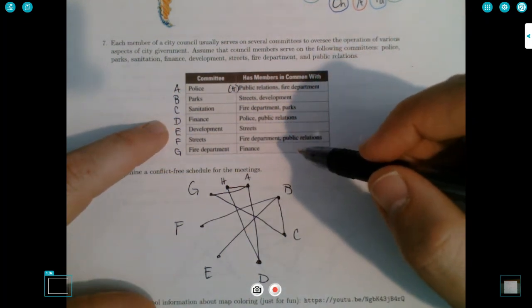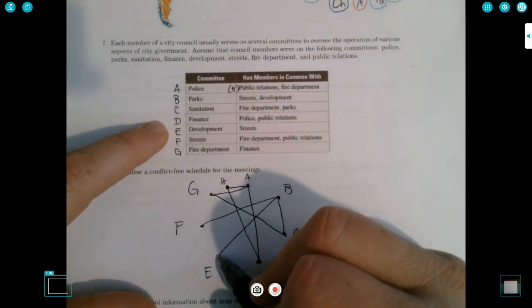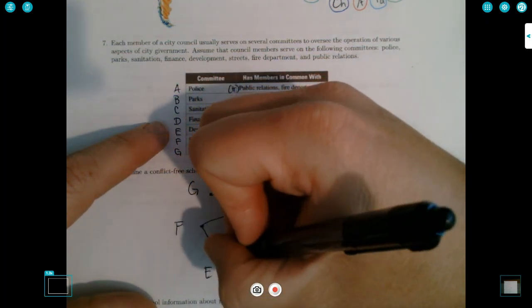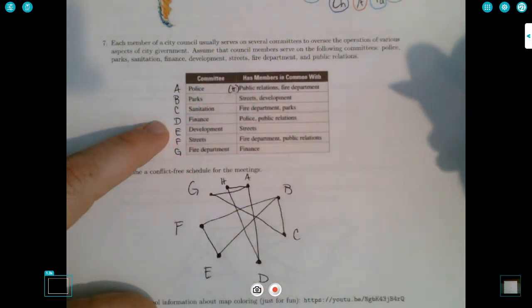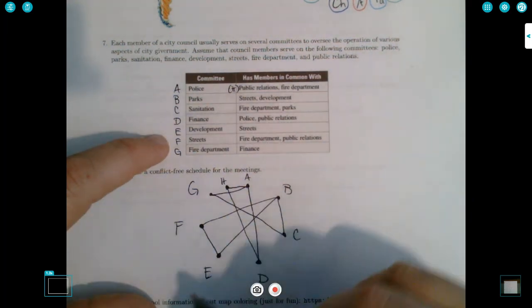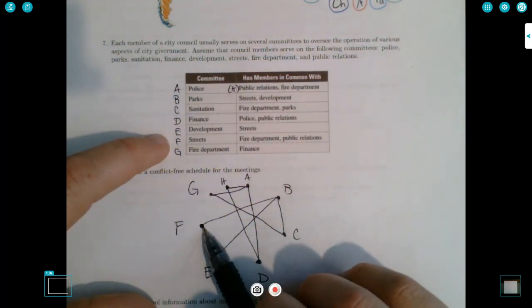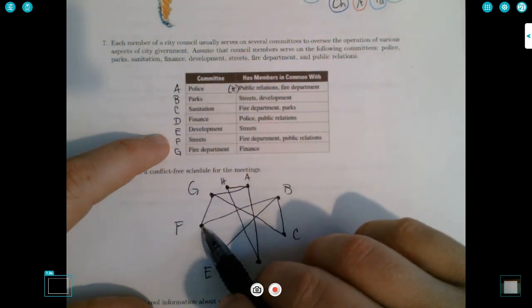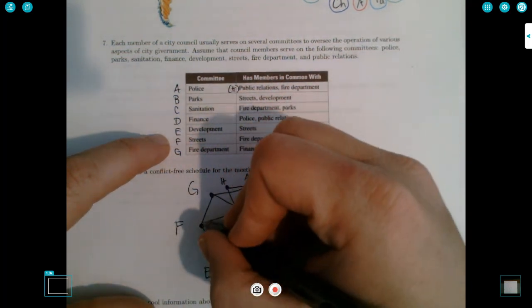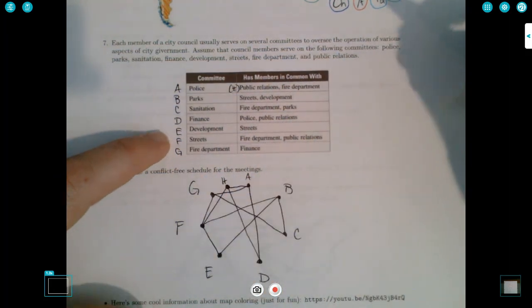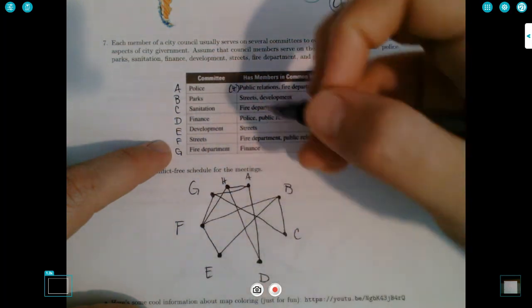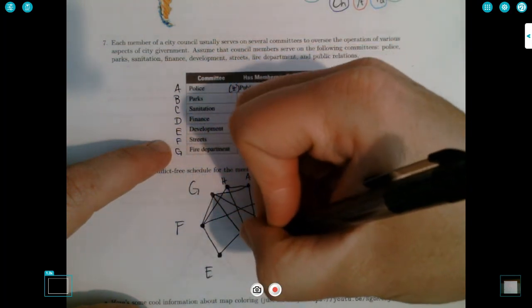Development, which is E, has streets in common, which is F. Streets, which is F, has fire department, which is G, and public relations, which is H. And then finally, the fire department, G, has finance, which is D, in common.